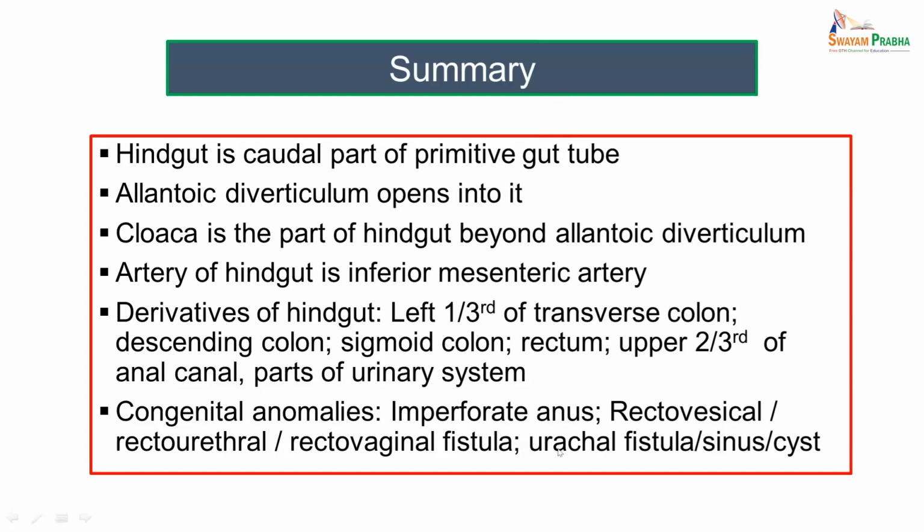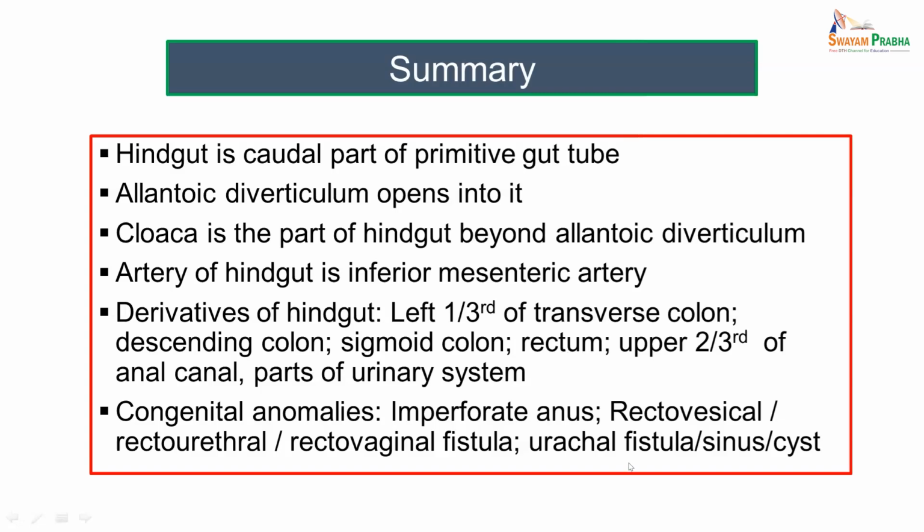The congenital anomalies associated with the urachus are urachal fistula, urachal sinus, and urachal cyst. These congenital anomalies occur due to failure of degeneration of urachus. Normally, urachus distal part degenerates to form the median umbilical ligament.